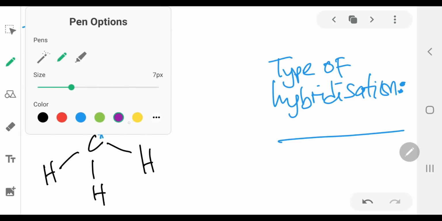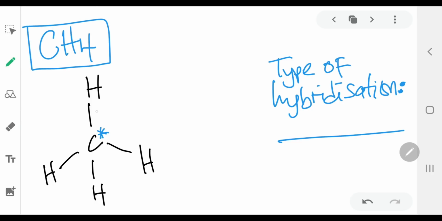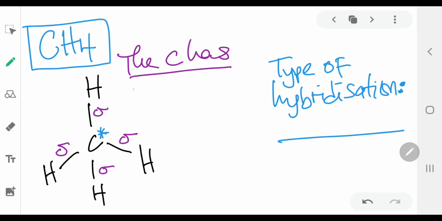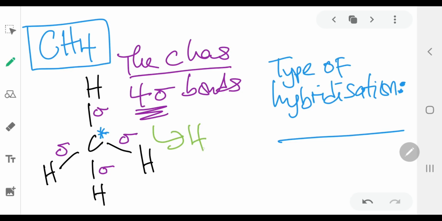So the way you can look at this one, you have to look at how many sigma bonds and lone pairs the carbon has. Obviously here, carbon has 4 sigma bonds. So when you have 4 sigma bonds, that means you need to have 4 lobes.